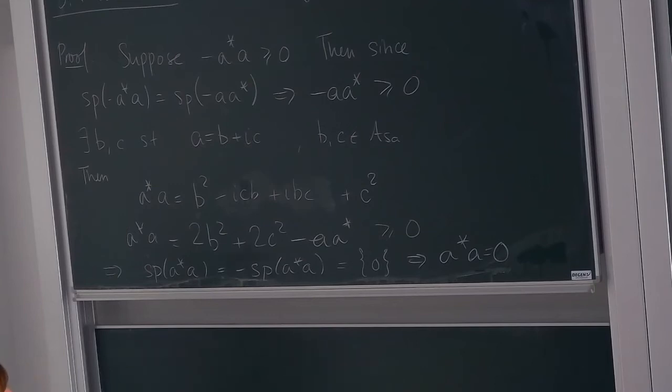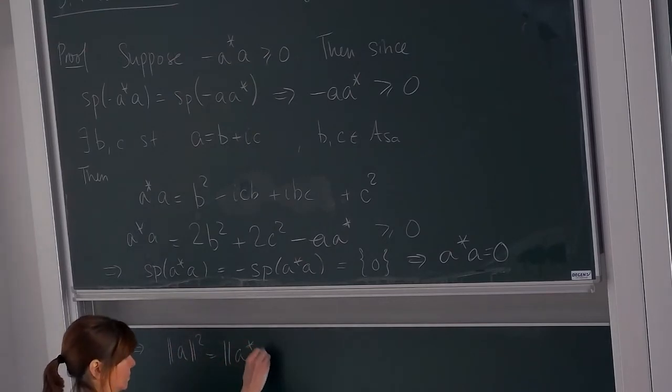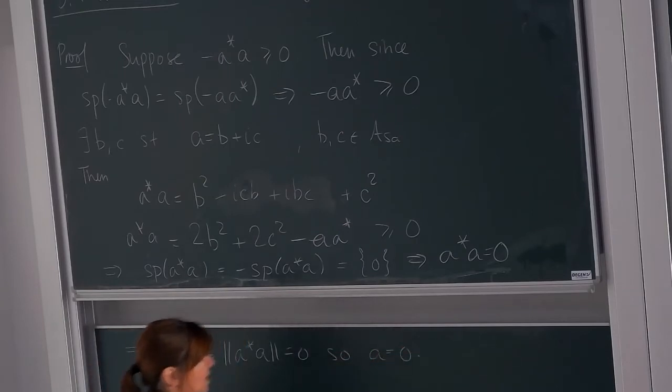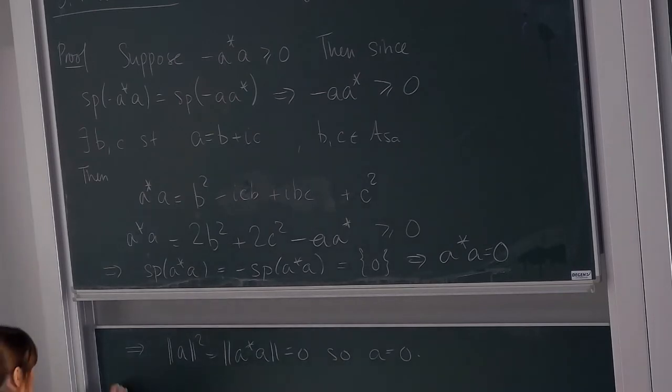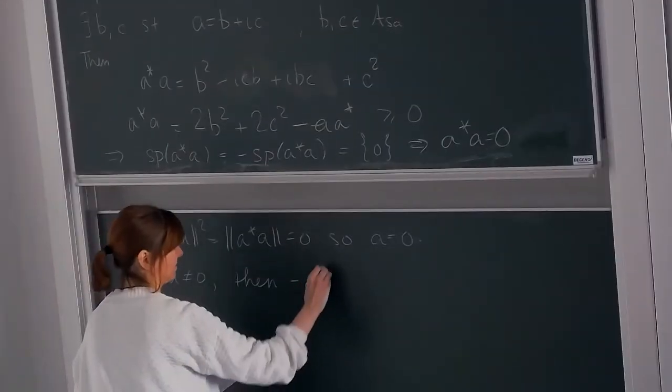Right. So in this case, A has to be 0. So we can assume now that A is non-zero. Then we know that minus A star A cannot be positive.